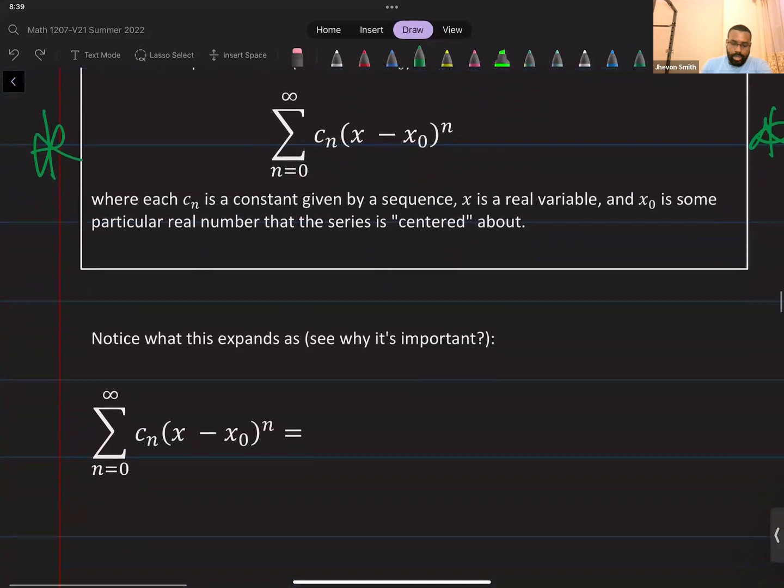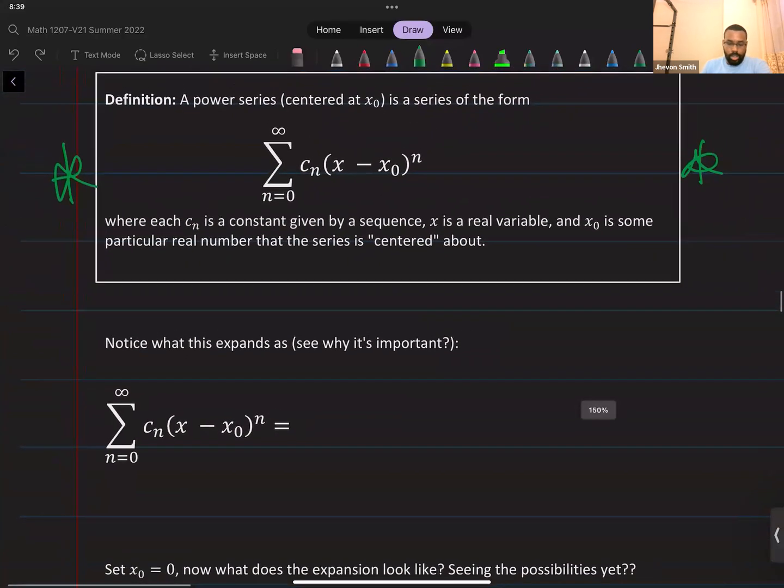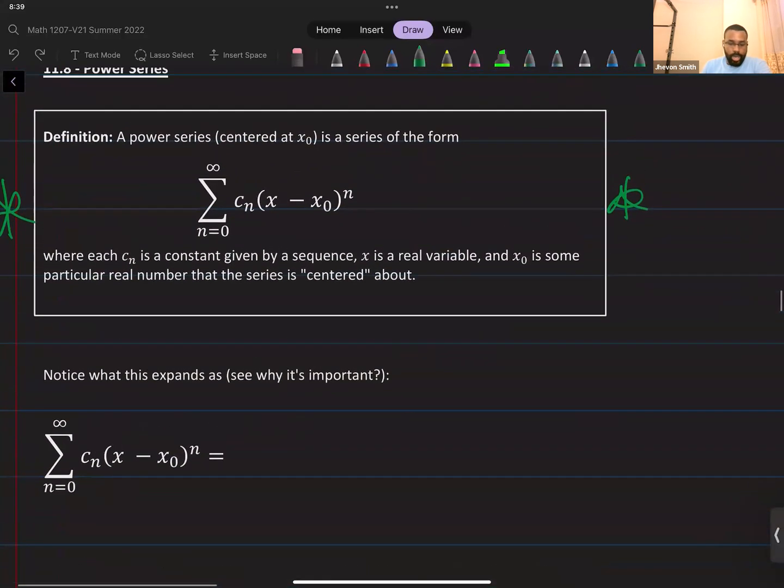Now, why is this series so important? What we can do here is write out the first few terms of what this would look like. If I plug in n equals 0, this would look like C0 times x minus x naught to the 0, which just comes out as 1. If I plug in n equals 1, this would look like C1 times x minus x naught to the first power.